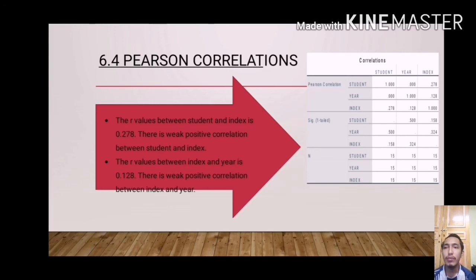There is a positive correlation between student and index. And then the R value between index and years is 0.128. There is a weak positive correlation between index and years.